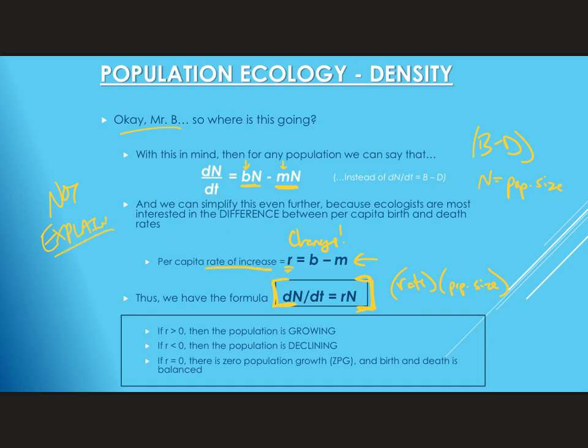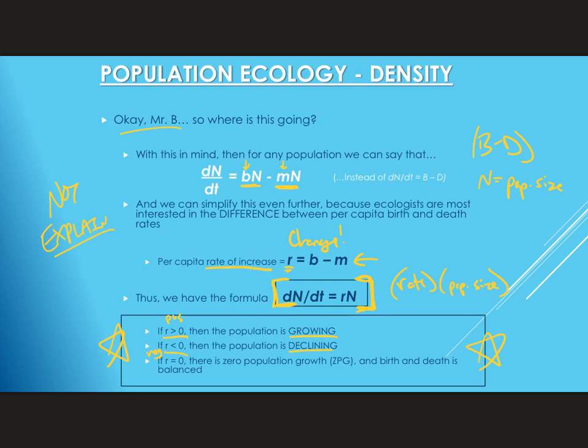But this puts us at an interesting place that I hope does make sense here in this box at the bottom, right? If our rate of change, R, is positive, greater than 0, then the population is growing. And if our rate of change is negative, R less than 0, then the population is declining.